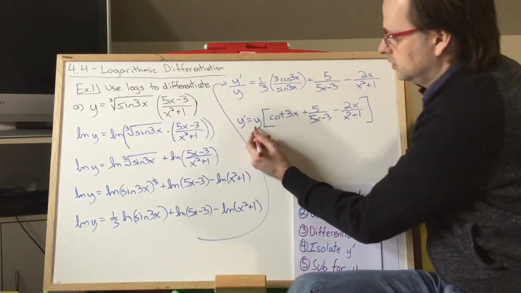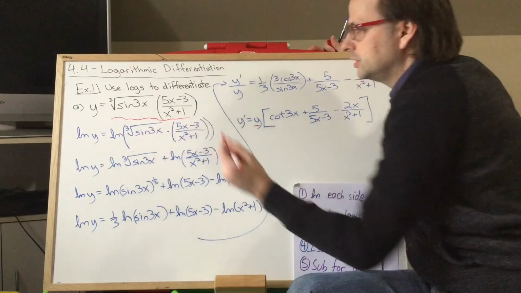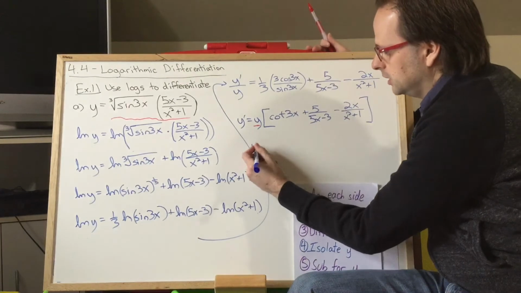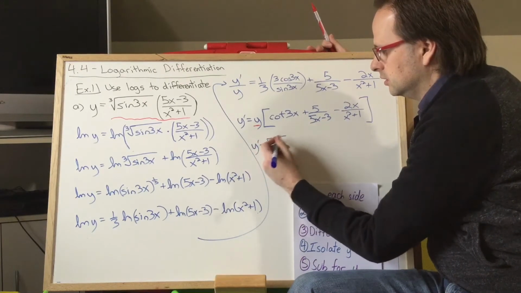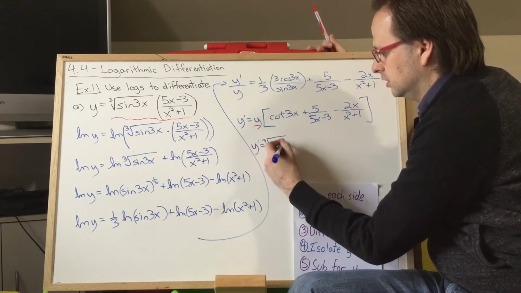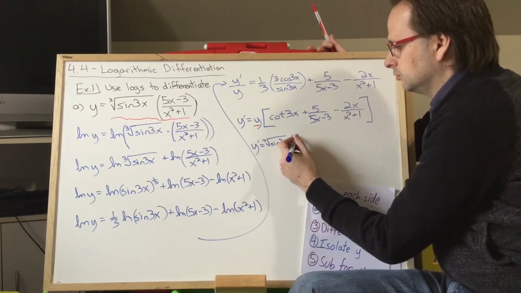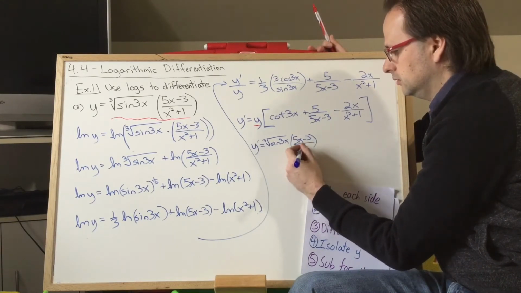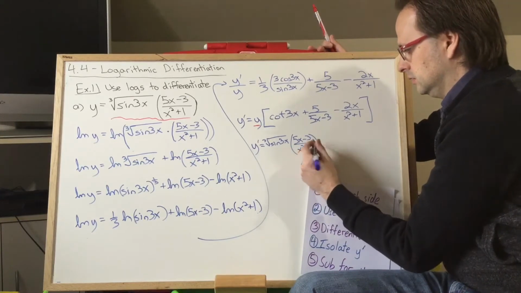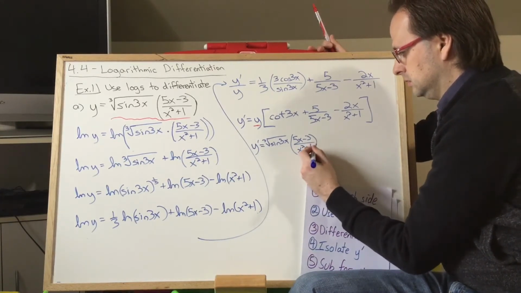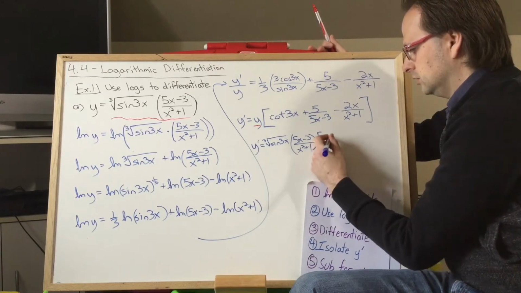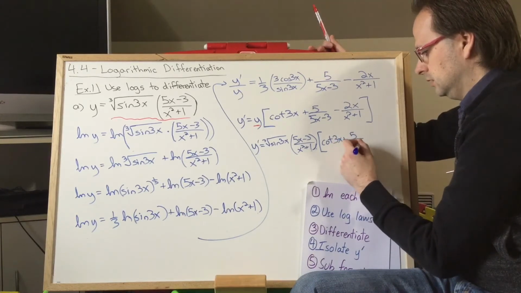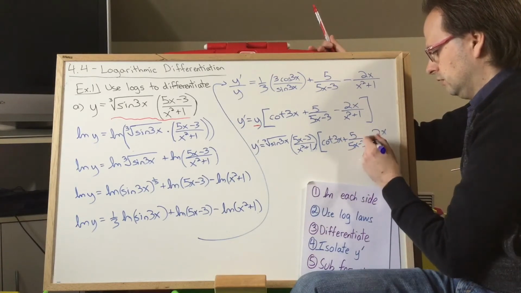Where we have y, we can replace it with the definition of y so that all of our answers in terms of x. So I'll have y prime equals the cube root of sine 3x times 5x minus 3 all over x squared plus 1, times cotangent 3x plus 5 over 5x minus 3 minus 2x over x squared plus 1.